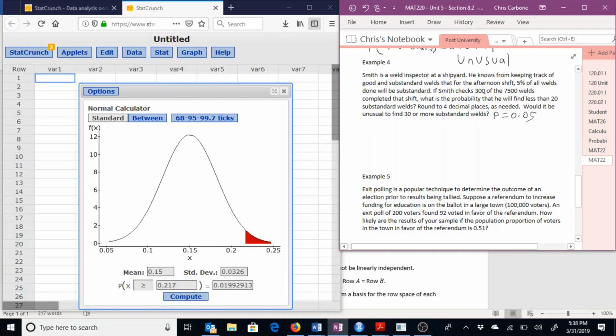If Smith checks 300 of the 7,500 welds, so now we have a population of 7,500, sample size of 300. What's the probability he'll find less than 20 substandard welds? So x is 20.